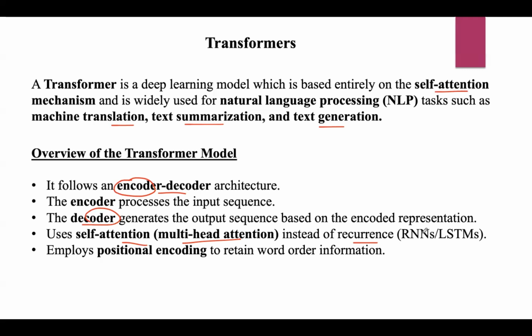Then the decoder functionality: the decoder generates the output sequence based on the encoder's processed information. At the same time, it also uses masked self-attention in order to ensure predictions are generated one step at a time without looking at the future words. And here we use positional encoding in order to retain word order information.